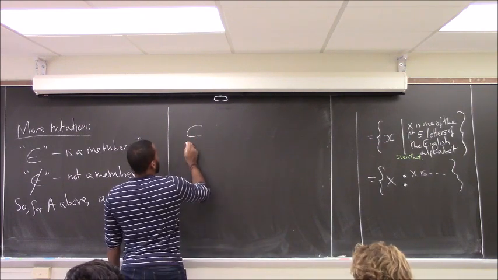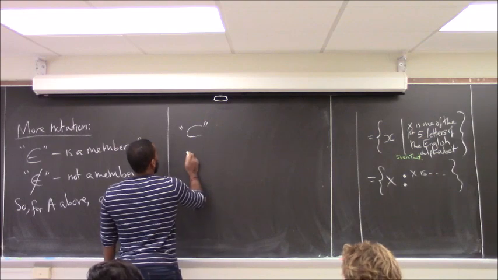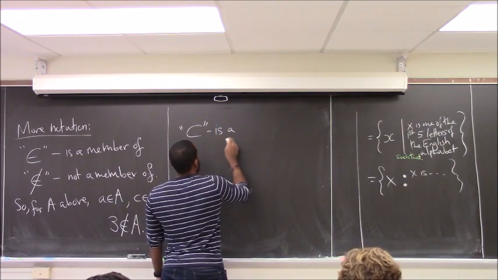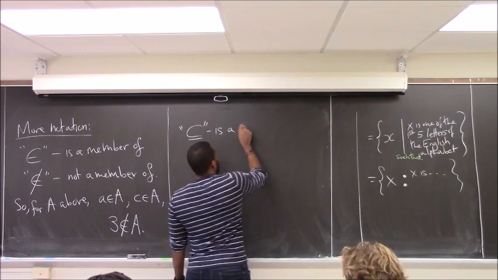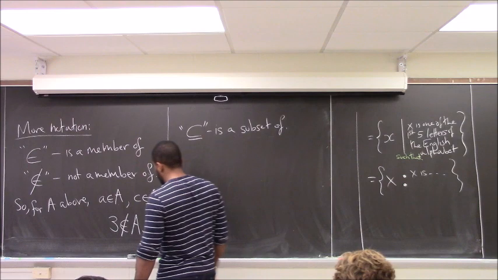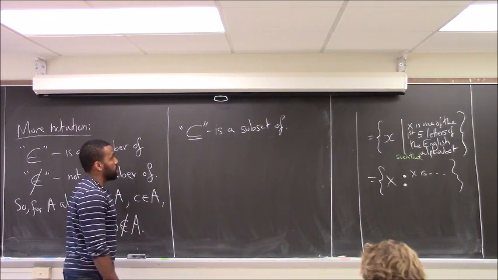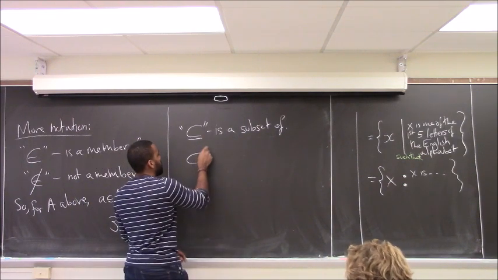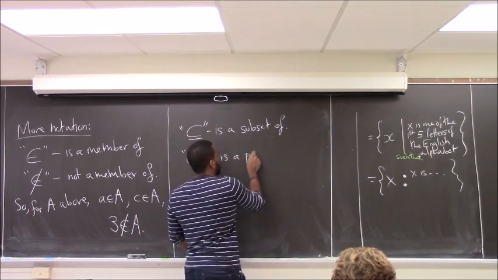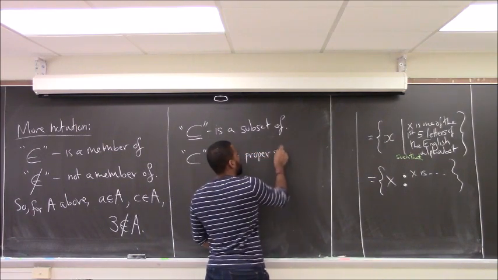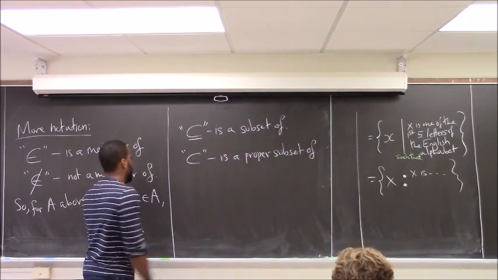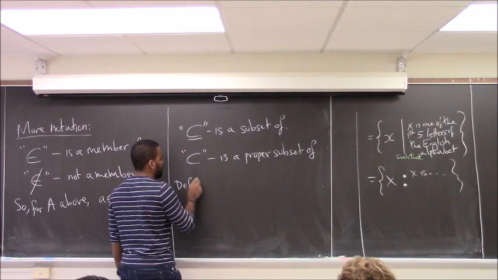Now this symbol means "is a subset of," while this thing means "is a proper subset of." And what does it mean to be a subset?